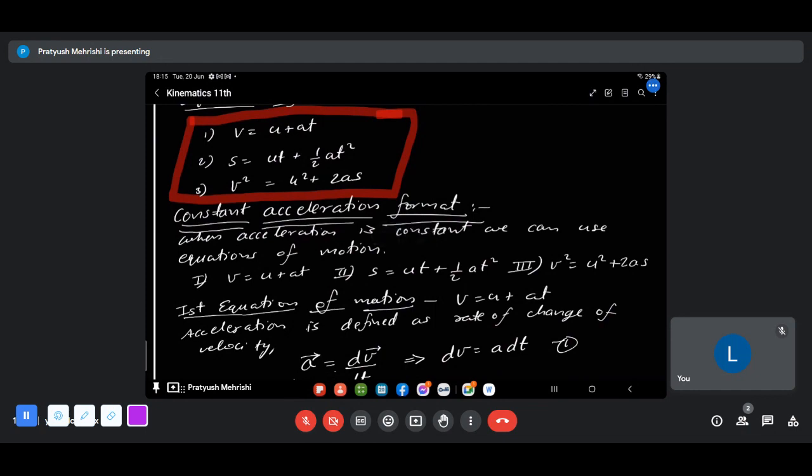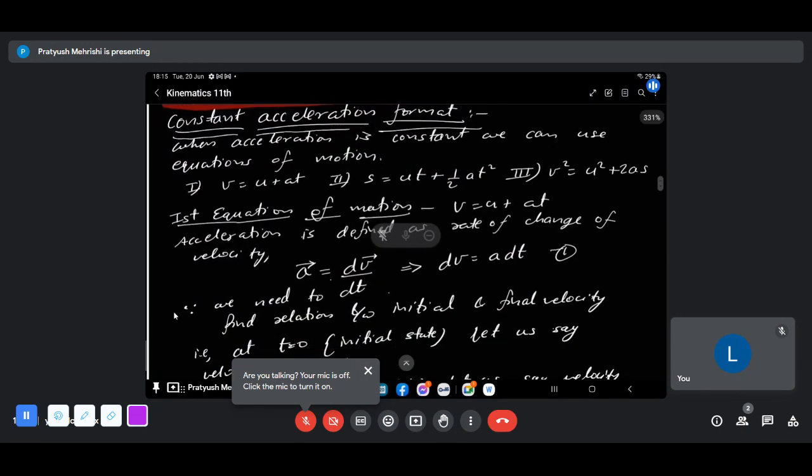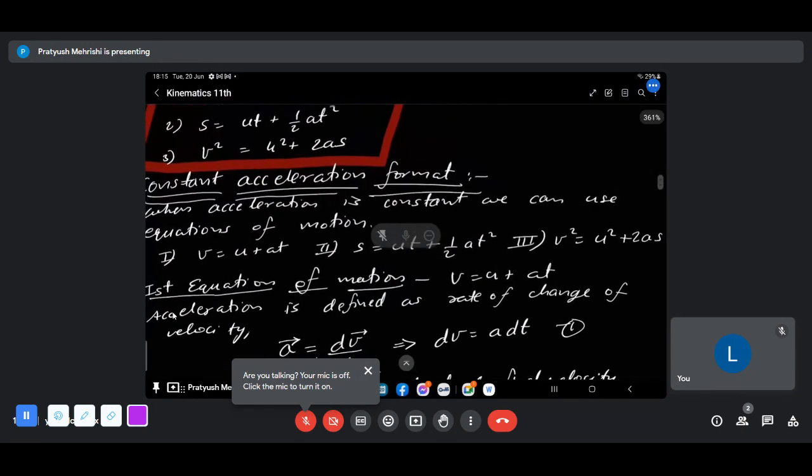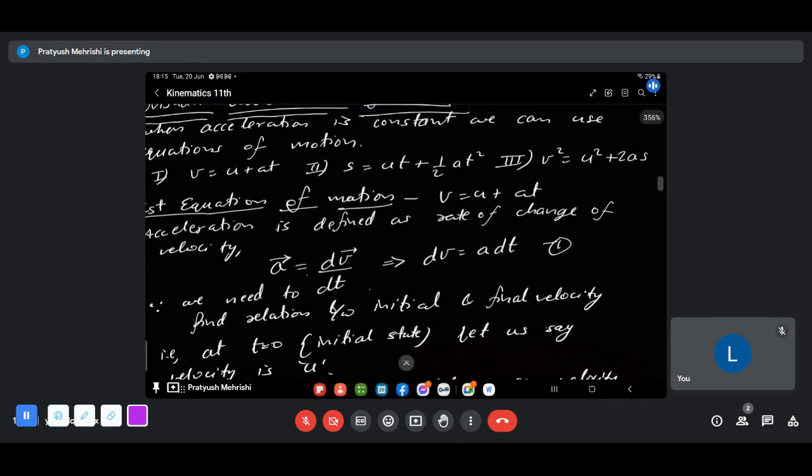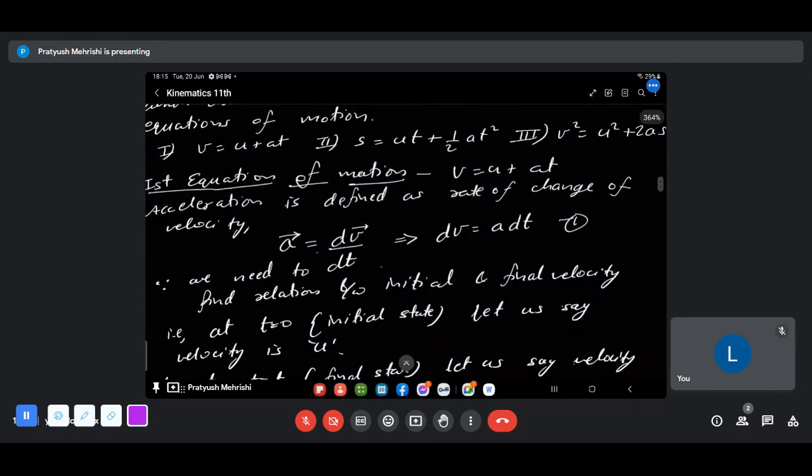So, how do we derive the equations of motion? We just use the definition of acceleration. Acceleration is dv by dt, or the rate of change of velocity. So we put dt on the side of acceleration and then we integrate.